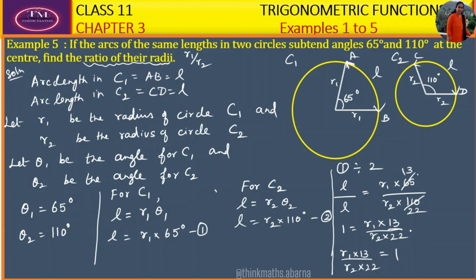Just I changed this side. What we need is R1 by R2. What is remaining? 13 by 22. When you change the side, it will convert to 22 by 13. So R1 by R2 is 22 by 13. That means R1 is to R2 is 22 is to 13. So the ratio between their radii is 22 is to 13.